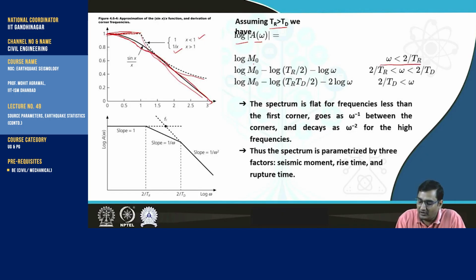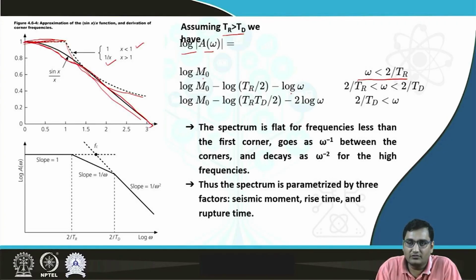It will be log M naught minus log of TR by 2 minus log omega when omega is in between 2 by TR and 2 by TD. And then for omega greater than 2 by TD, it will become log of M naught minus log of TR TD by 2 minus 2 log omega.